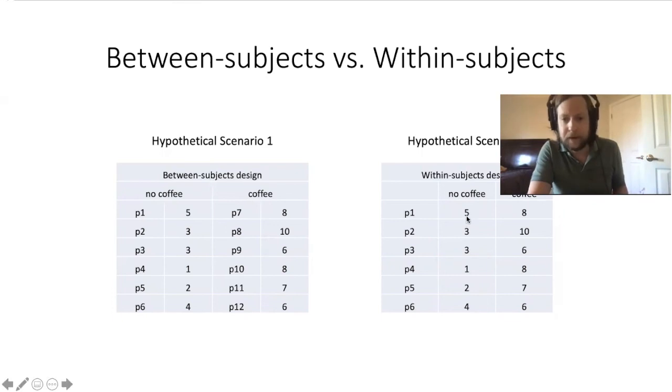Participant 1 is in the no coffee condition. And that score right there, 5, is like some made up memory test. So if he drinks no coffee, then he gets a 5 on the memory test. Participant 1 then comes into the laboratory another day, drinks a cup of coffee, and then takes the memory test and then scores an 8 on the memory test. So that's within subject because each participant is exposed to both conditions, no coffee and coffee. Whereas in between subjects factor, each participant is in only one condition. Participant 1 is in the no coffee, participant 7 is in the coffee, etc.